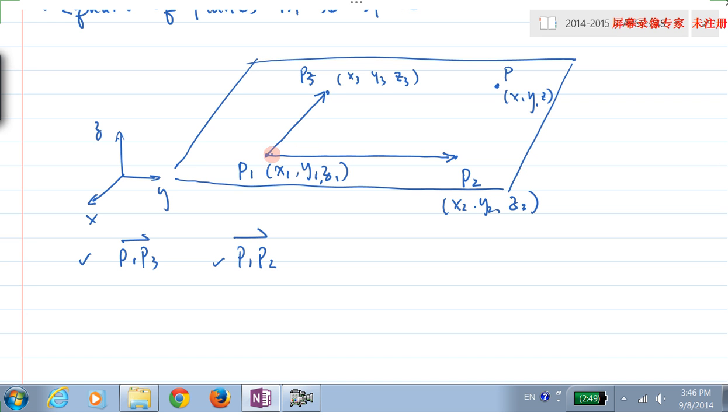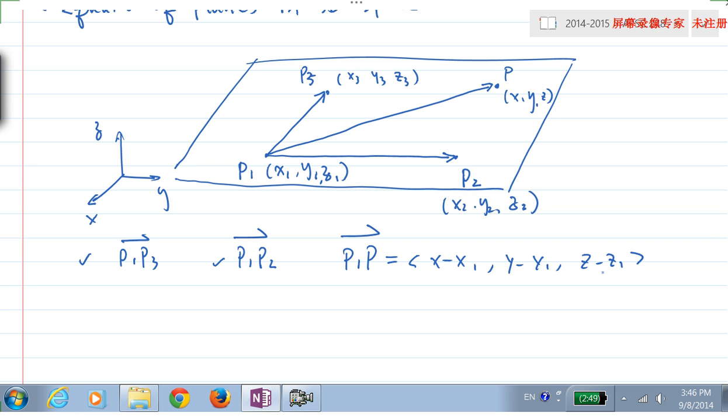Similarly, I can construct another vector from P1 to P. This one is slightly different from the other two, because those are constant vectors. But if you write this one out, it's x minus x1, y minus y1, and z minus z1. So this vector has the variables x, y, z showing up.